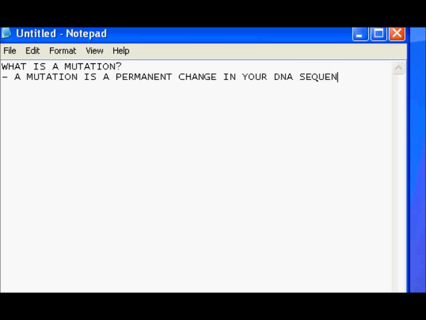Okay. So now, since we went over that, a mutation is a permanent change in your DNA sequence.